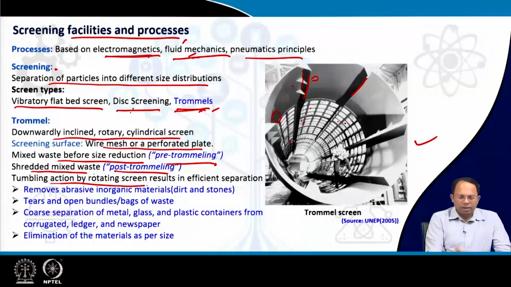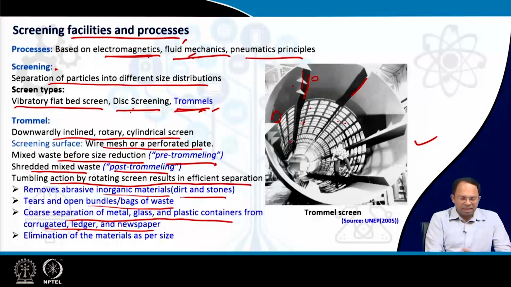The tumbling action by the rotating screen results in efficient separation, and we can remove abrasive inorganic materials like dirt and stones, tear open bundles of bags of waste, and do coarse separation of metal, glass, plastic containers from corrugated, ledger and newspaper.